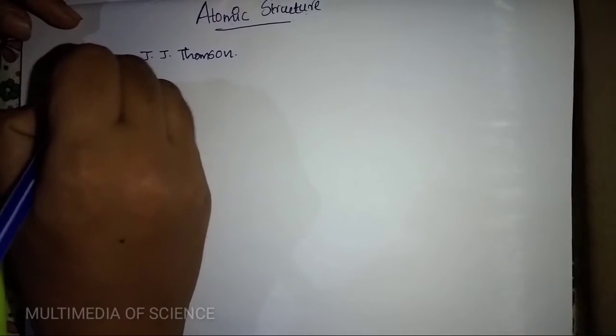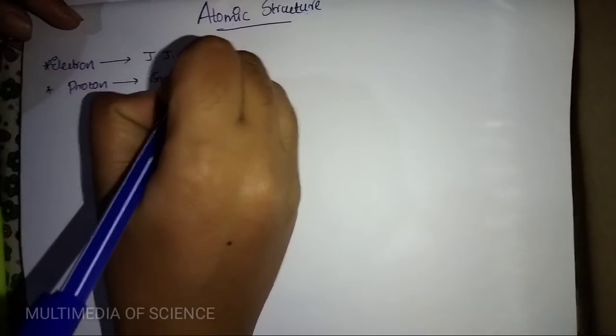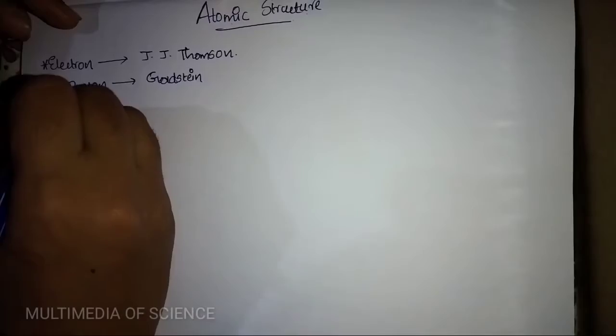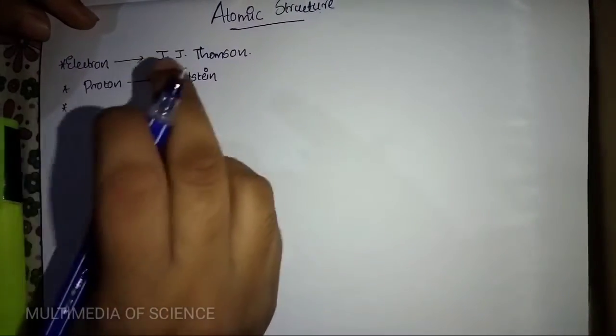Then the proton was discovered by Goldstein. The third one is about the charge of the electron. The charge of the electron was discovered by R.A. Millikan.